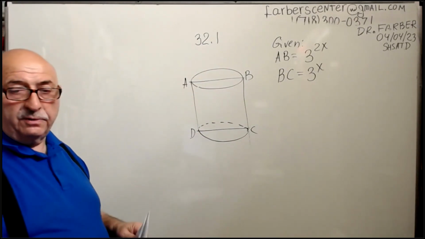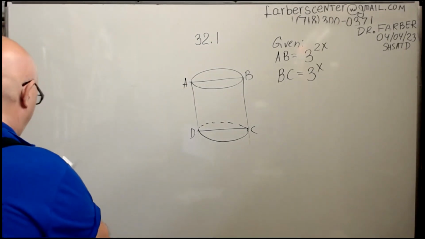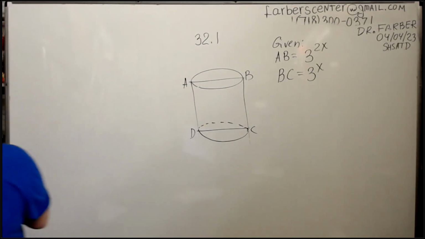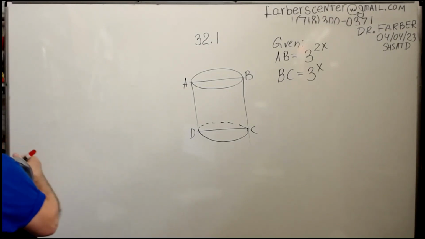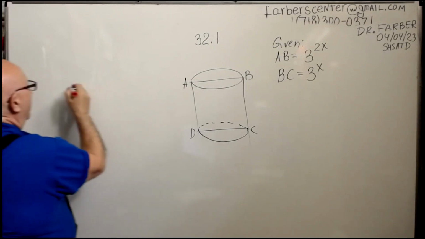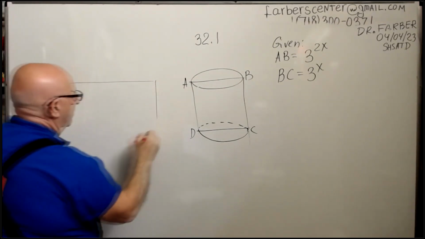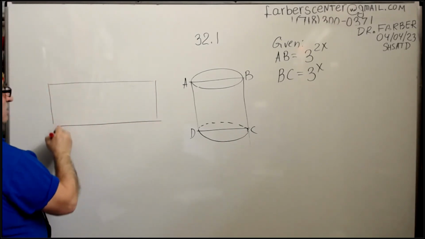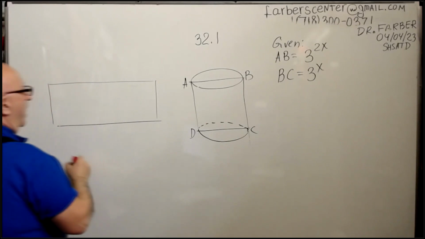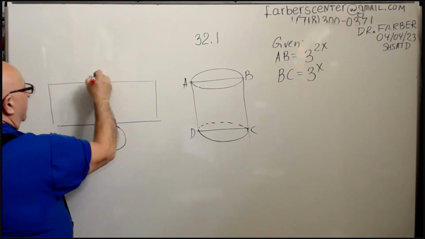You know net, right, students? So I want to make this picture for you, and little by little we do this. So pretend if I make a net, this is a rectangle, and plus we have two circles, top and bottom.